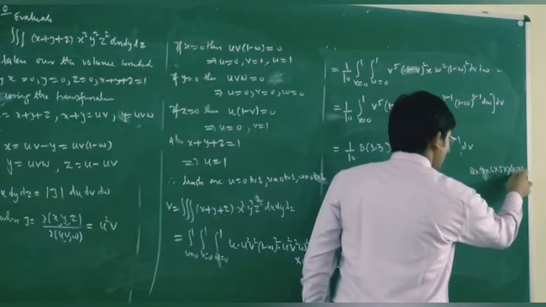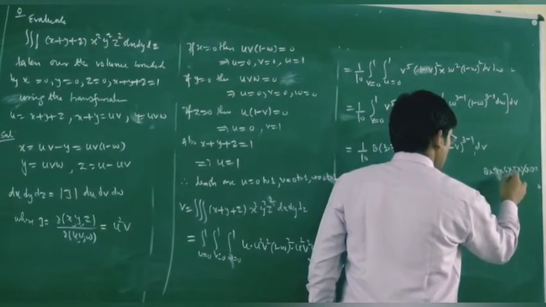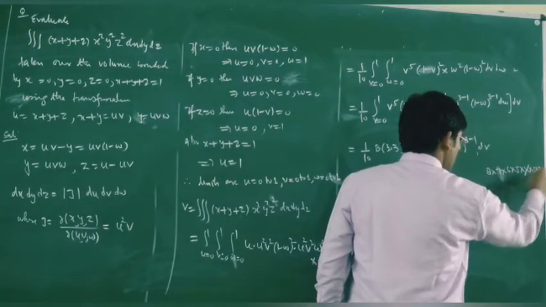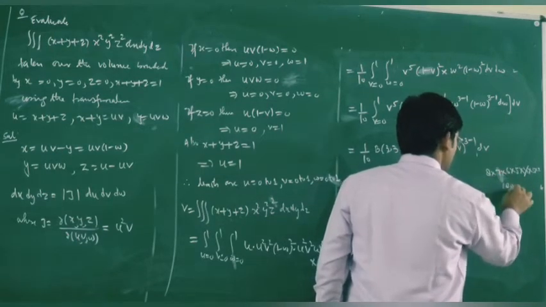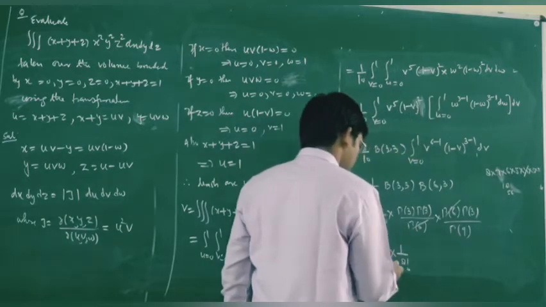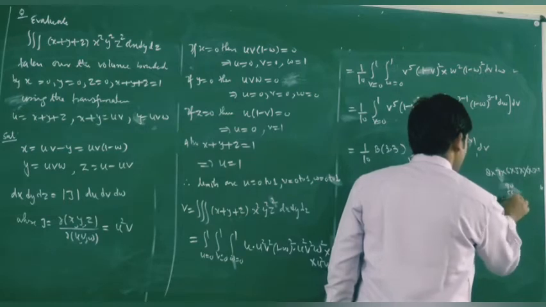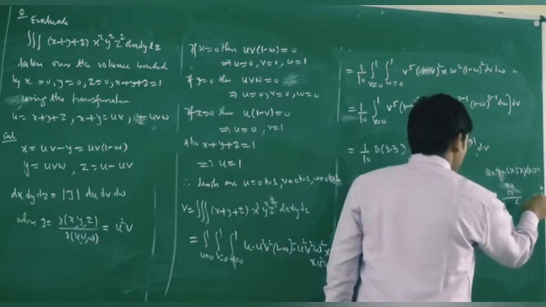Now if you want to calculate this value, this will be 180 multiplied by 56, and then again multiplied by 5. So this is 90 into 56. So this is equal to 900 into 56.